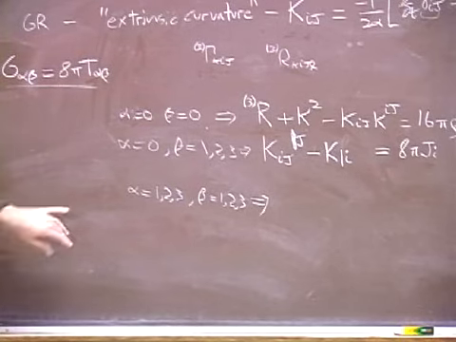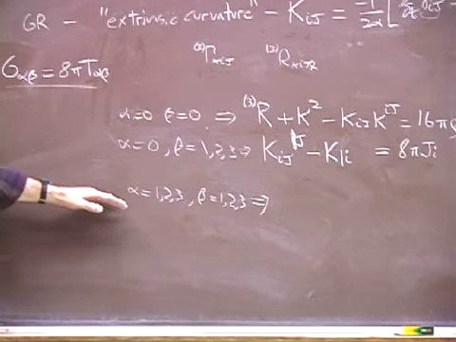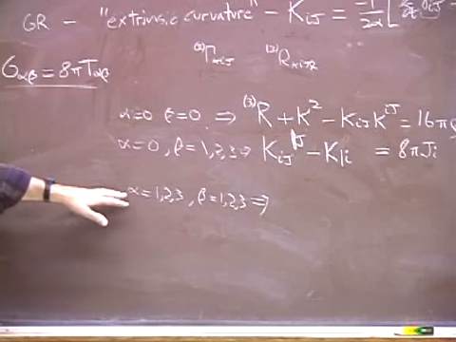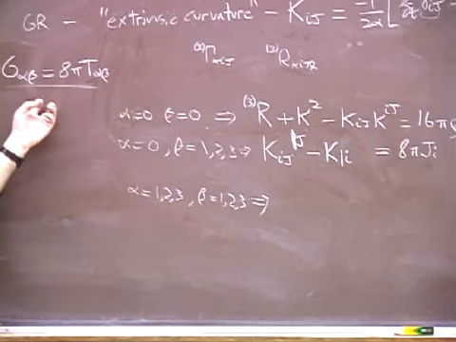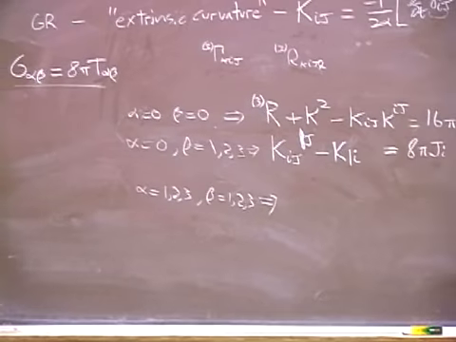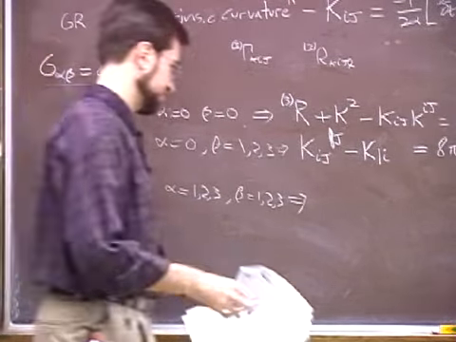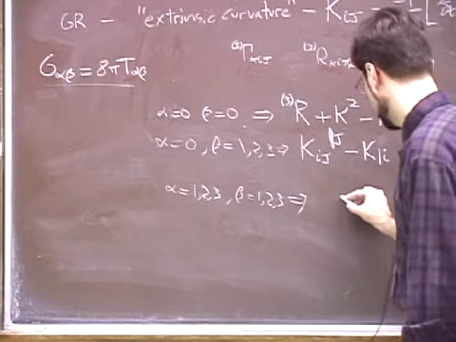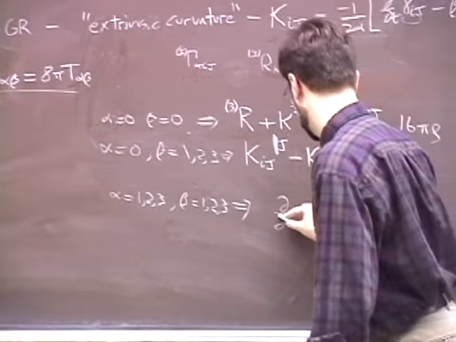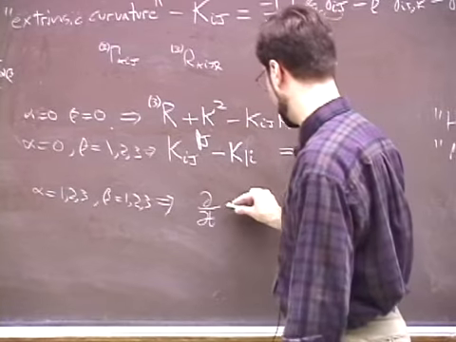So now, let me put down what happens if alpha and beta in Einstein's equations are both spatial. And I'm not going to write out the whole equation. I'm just going to write out sort of what it looks like.